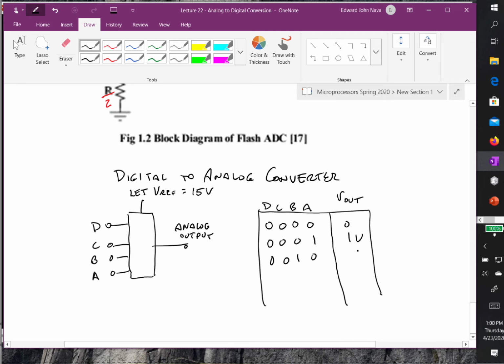This would be 2 volts. And so on. And 1, 1, 1, 1 would be 15 volts. Okay, so this is what we're going to implement with our D to A converter.